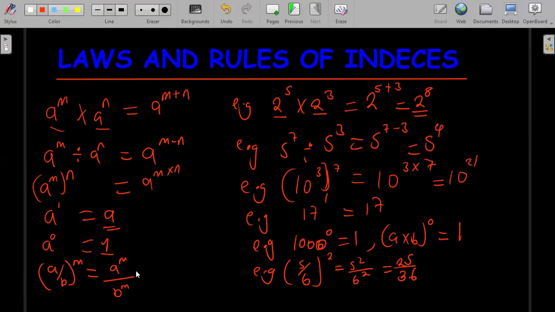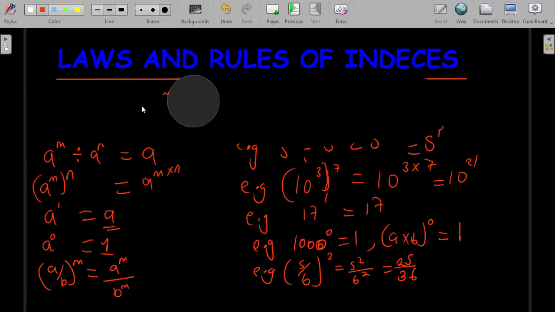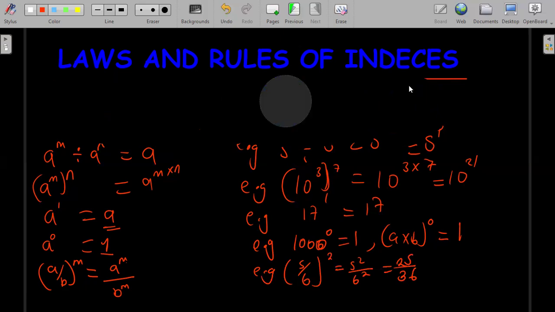Now let's move on with the rules of the indices. Let's say we are having a power which is negative. What do we do in a scenario where we're having a negative power?